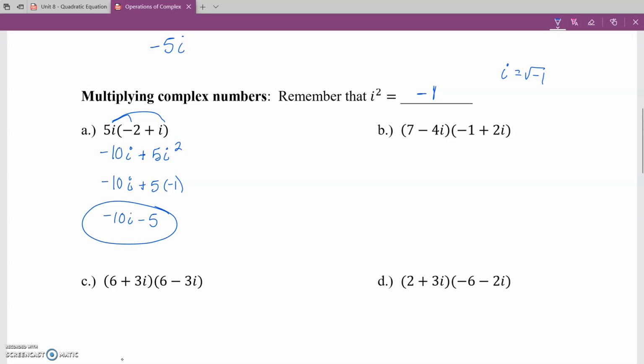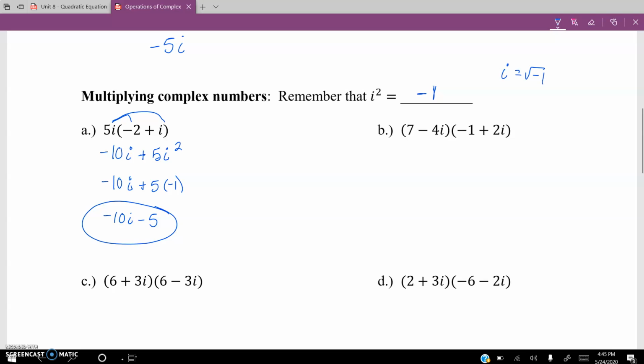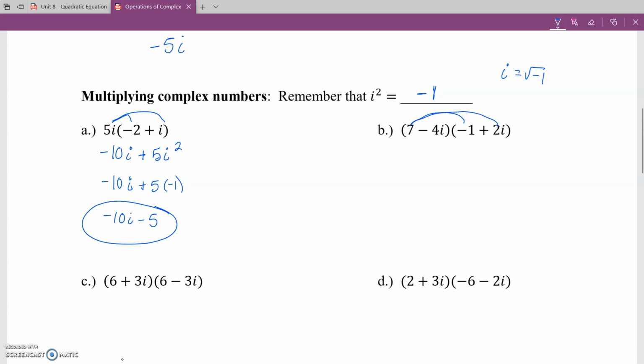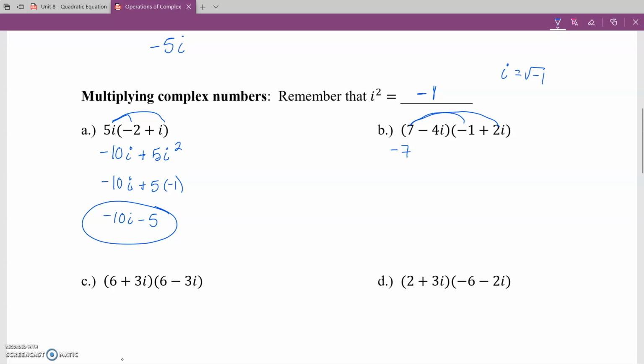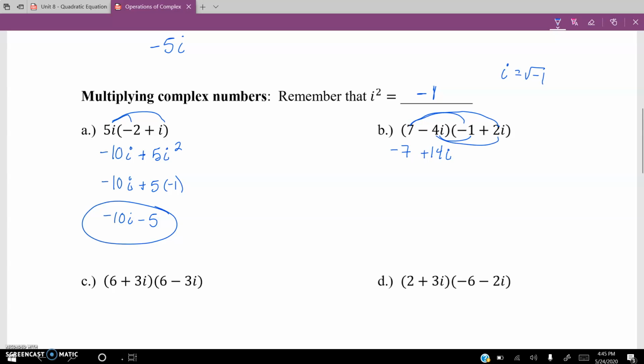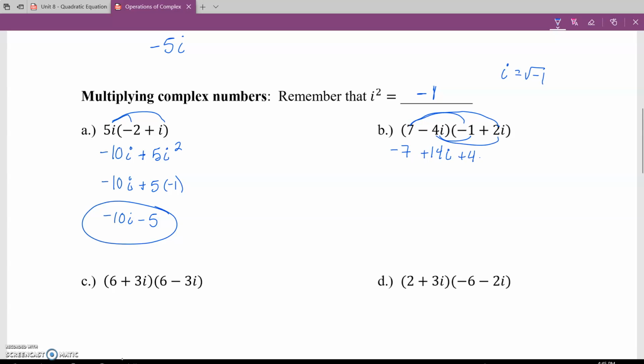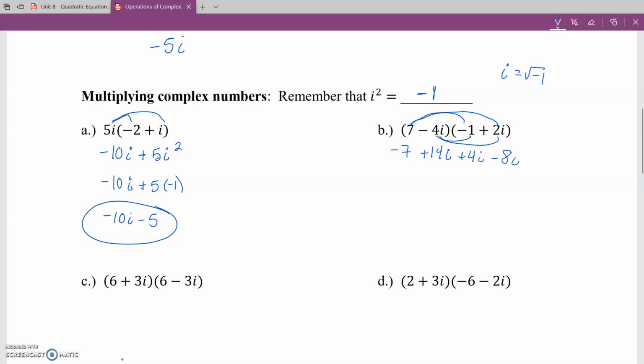Same thing goes for if they're both real and imaginary. Only instead of distribute, we're going to FOIL. So first, outside: -7 plus 14i. Inside, last: plus 4i minus 8i squared.